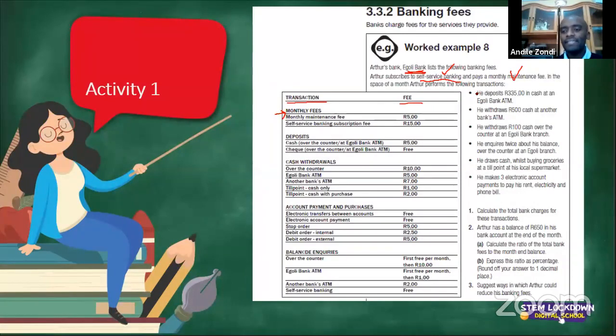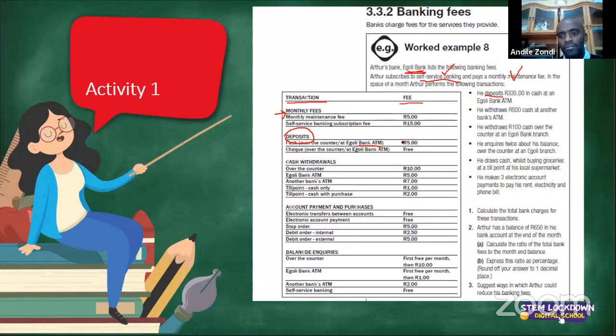Here it says he deposited. The keyword is deposit, so you need to look at deposits. He deposited 335 rands in cash at an Egoli ATM. So how much money will be charged? You need to look under deposits and we're looking at Egoli ATM.